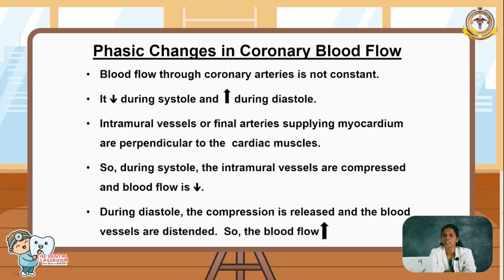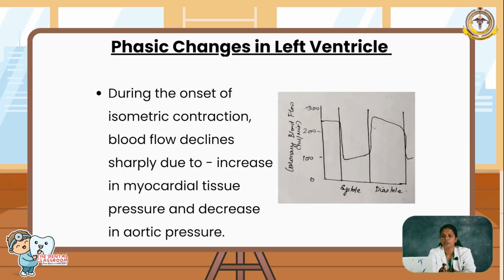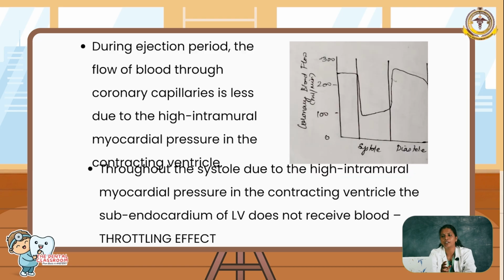During systole, especially during isovolumetric contraction, the blood flow declines sharply due to an increase in myocardial tissue perfusion pressure and a decrease in the aortic pressure. During the ejection phase, the blood flow through the coronary arteries is less due to the high intramural myocardial pressure in the contracting ventricles.